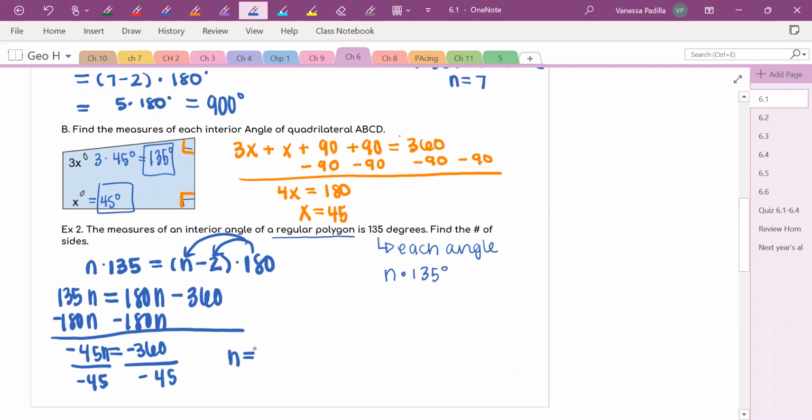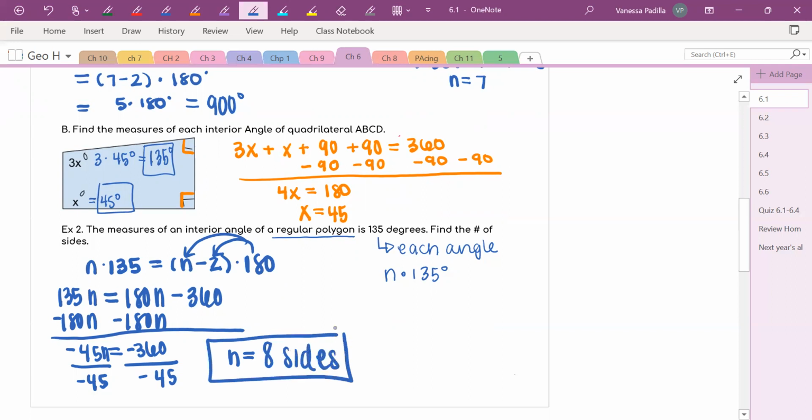So n, I believe, is going to be 4. Oops, I think 8. Yep, 8. So that would be n sides.